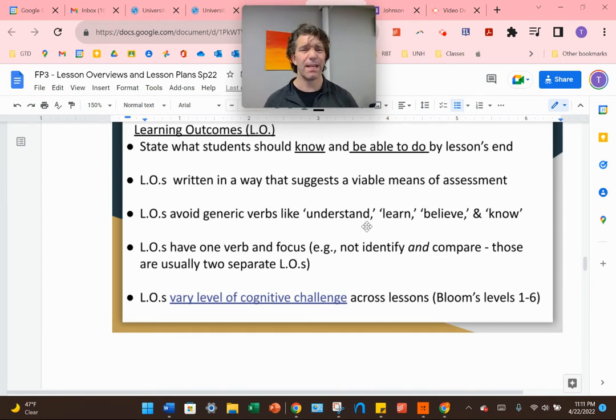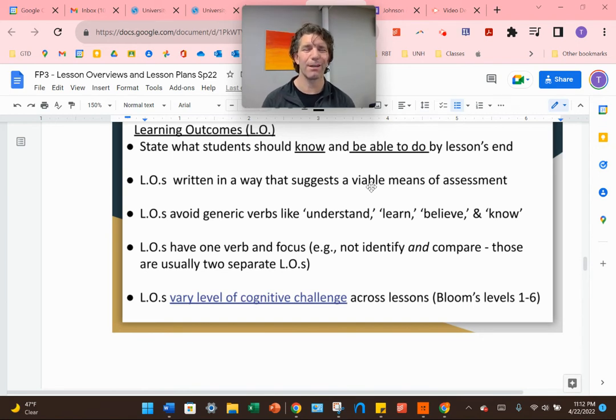What will they do? And so write your learning outcomes in a way that suggests a viable means of assessment. So instead of students will learn about astronomy, well, you could learn about the fact that the stars are actually in the sky, or you could get into relativistic quantum physics and so on.